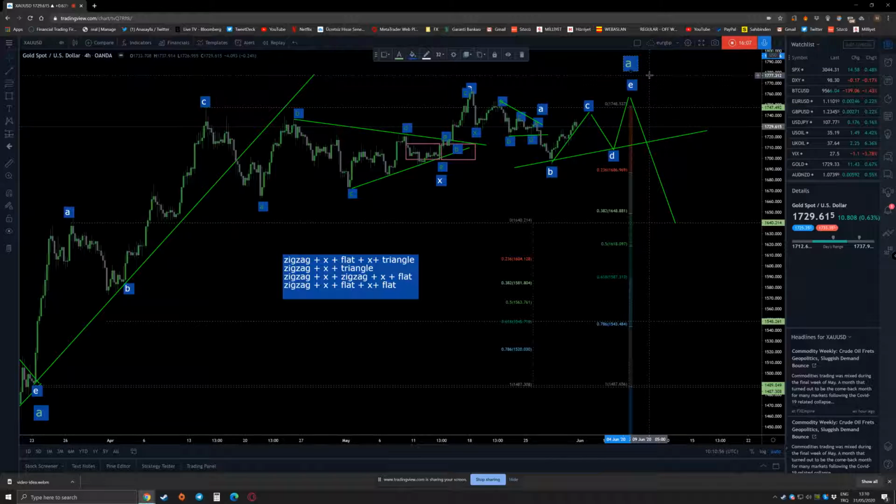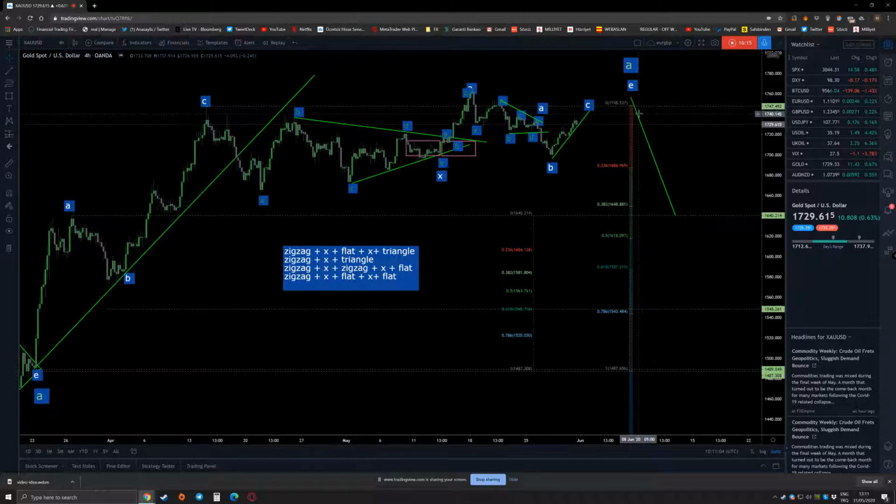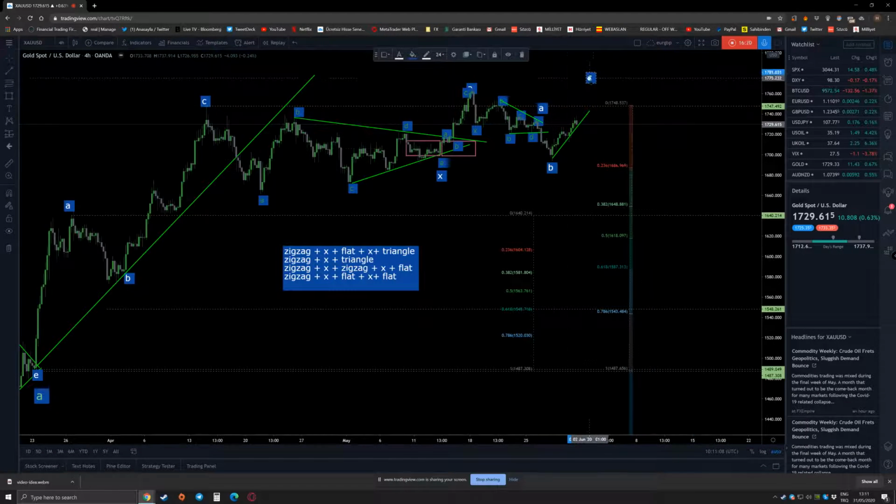You should try it. You should think about it. Also, this price can do something like this too. So let's get rid of all of this. Then maybe we should understand on the lower time frame what kind of wave B to C is.